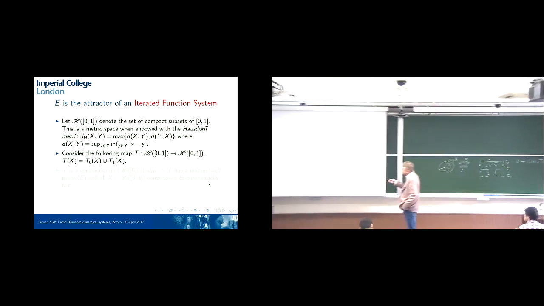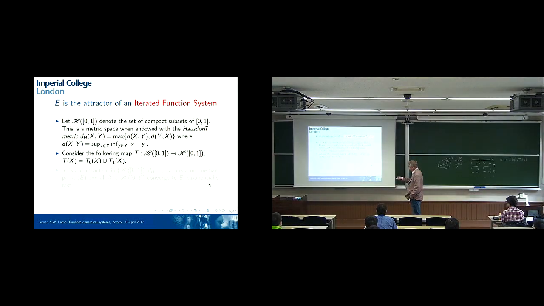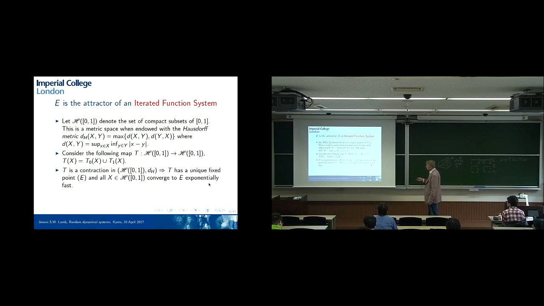So if I look at this map that I just gave also on the board, then you can basically see what it does on this metric space. This metric space is a complete metric space.